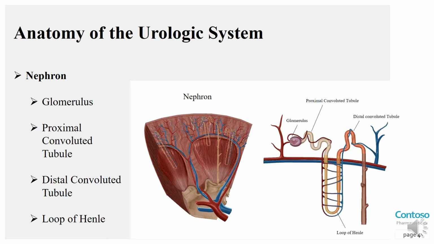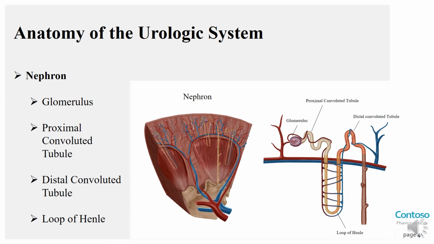So here we see the nephron further broken down so that you can observe the different microanatomy of a nephron. This includes the glomerulus, which consists of networks of capillaries that are encased in a thin-walled sac called the Bowman's capsule. And then it includes the tubular system.